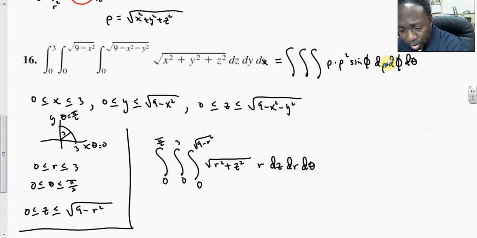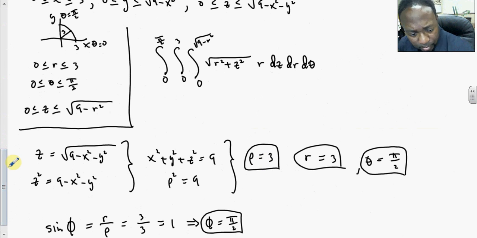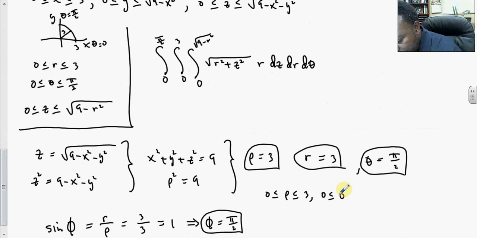So rho goes from 0 to 3. Theta is bounded from 0 to pi over 2.